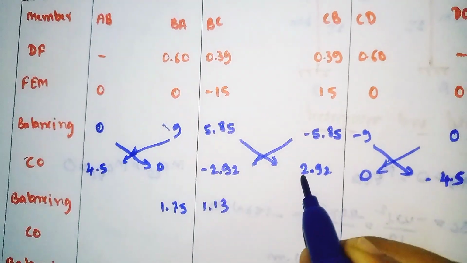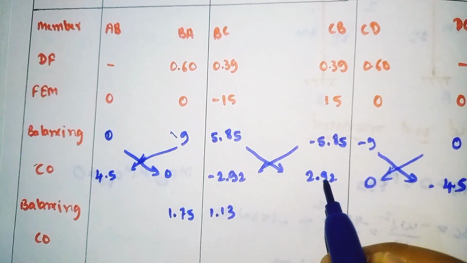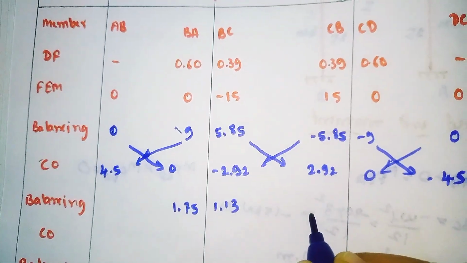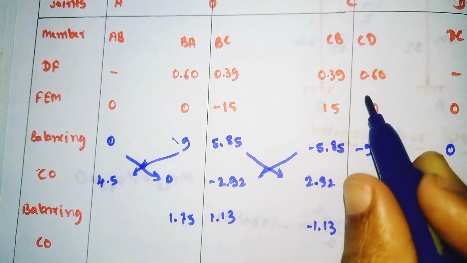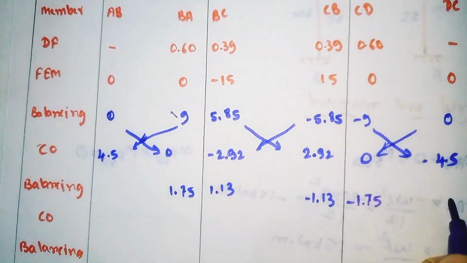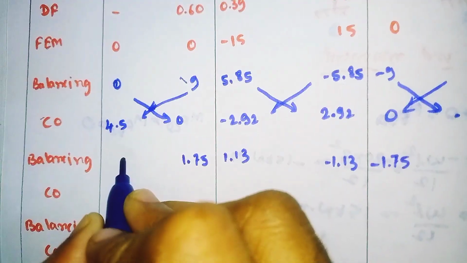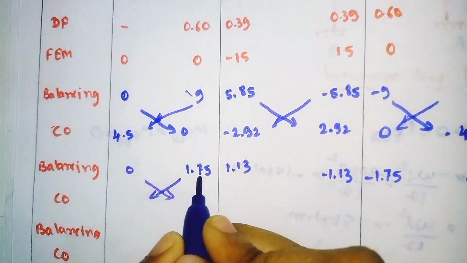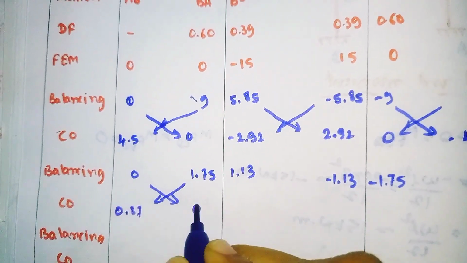So here also 2.92, it becomes minus 2.92, then multiply minus 2.92 into 0.39, it will come out as minus 1.13. So again minus 2.92 into this 0.60, it will come minus 1.75. So here 0, keep it as it is. Carry over means we need to do half of this and send it to the opposite side. So 1.75, if you do half, it will come as 0.87, and 0 as it is.